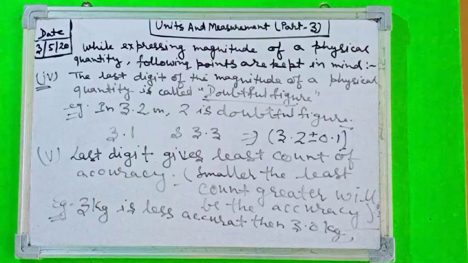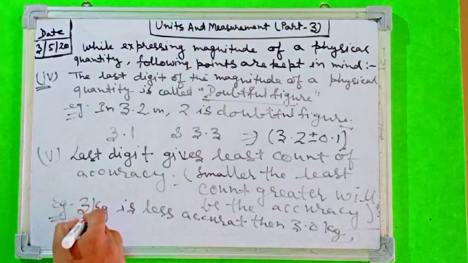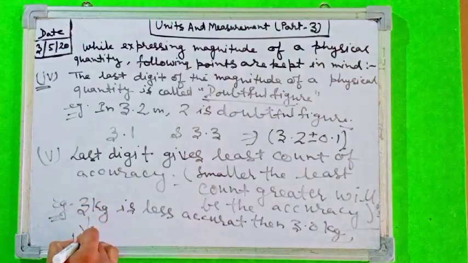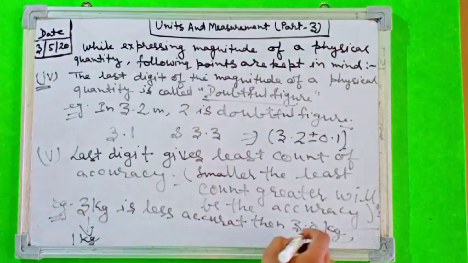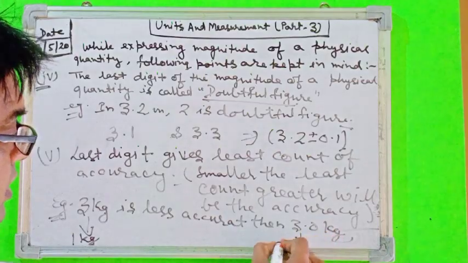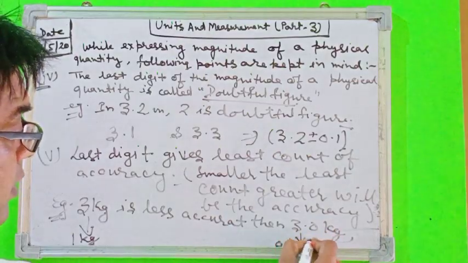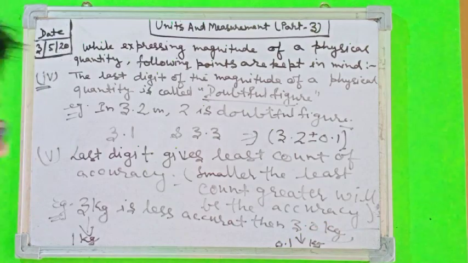Because when I write the measured value as 3 kg, the least count is 1 kg, and in 3.0 kg the least count is 0.1 kg.